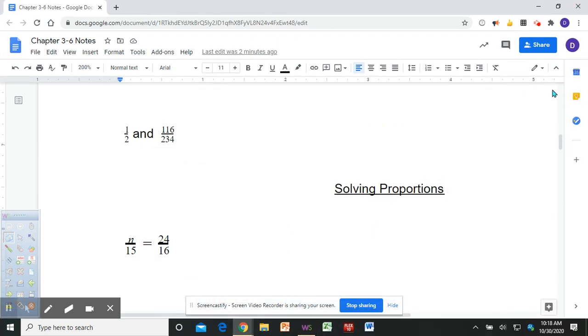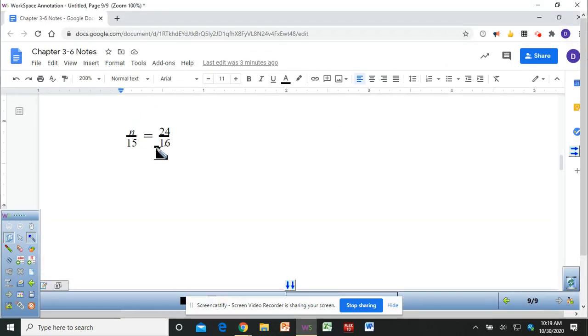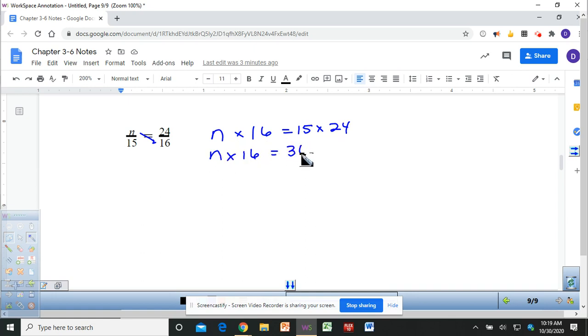Now, say they give us a variable in there. We're solving it like this one. We're going to do the same concept. So we want these to be equal now. If we cross multiply, we want n times 16 to equal 15 times 24. So we're going to take 15 times 24, and that gives me n times 16 equals 360.